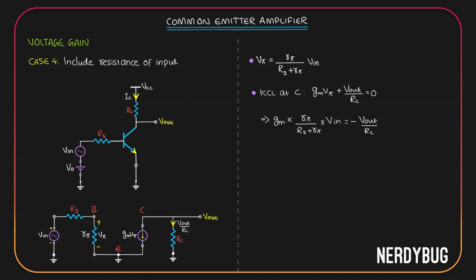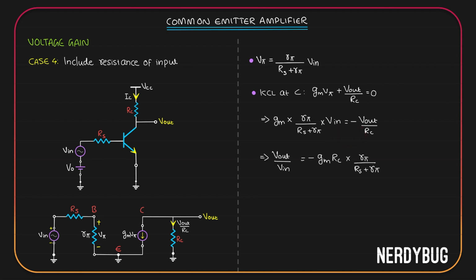Now to get the voltage gain, we have to write an expression for V output by V input. We have V output here, we have V input here. We can easily write what is V output by V input. I'll have to take negative to the other side, RC to the other side, and V input to this side. This is what we get.